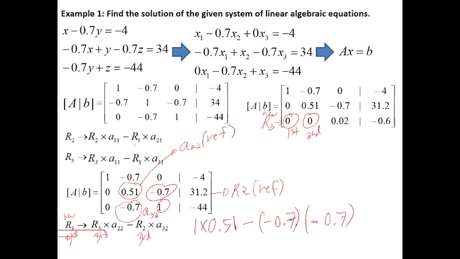What's the answer? 0.02. Ayun, nakuha yun. Gets nyo, class?